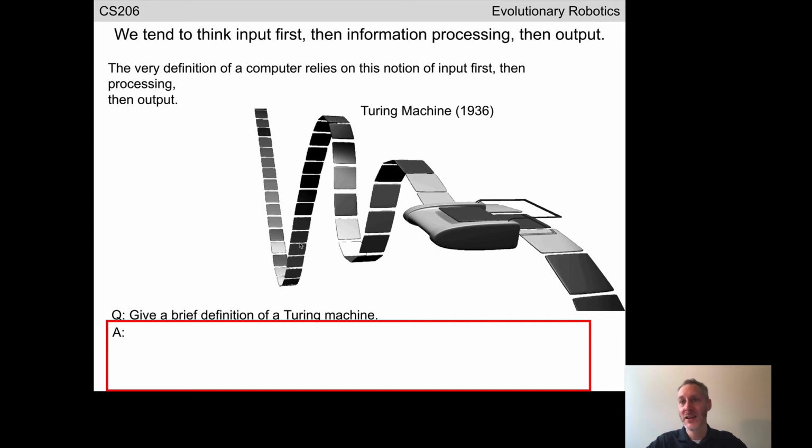As Matt says, some of the information on which it makes decisions is by reading symbols off the input tape, which you can see in the little cartoon image here. So a Turing machine reads symbols off an input tape. What does it do after it's read in the symbols?